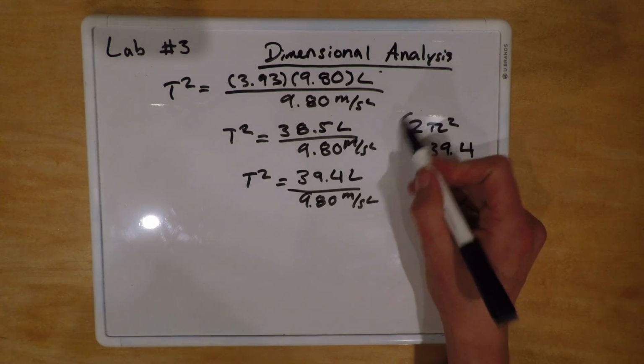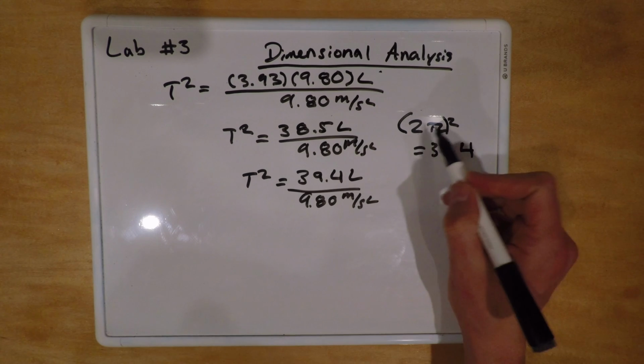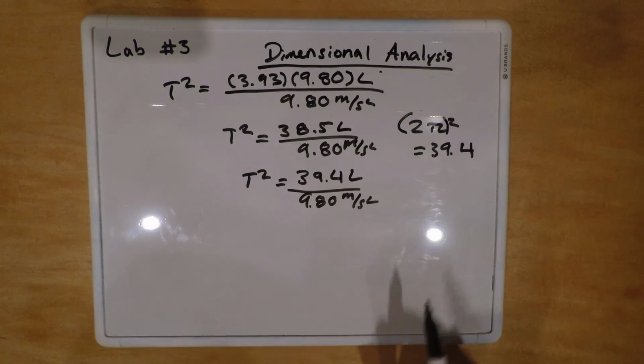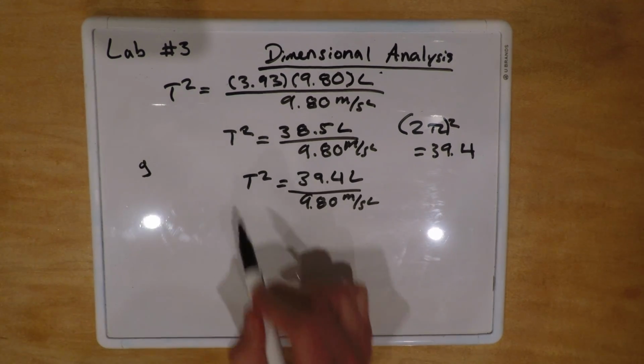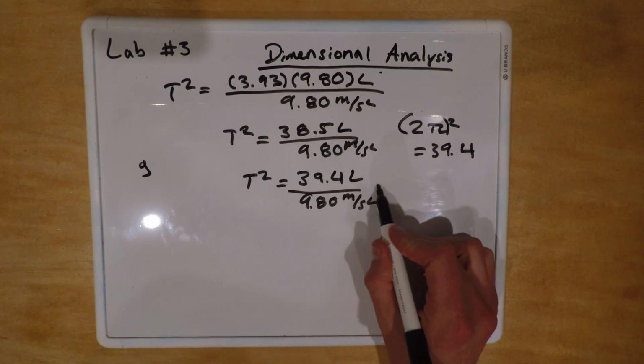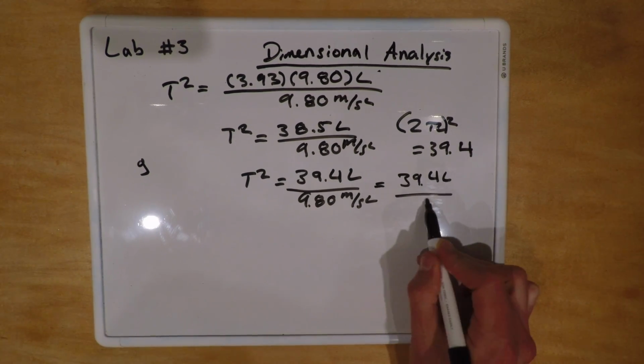And it's important to note that this is actually 2 pi squared and not 2 times pi squared, which would give you 39.4, just in case that caused any confusion there. And also, I'm just going to rewrite this and substitute g, just the little letter g, and call that the acceleration of gravity. So I'm going to say that equals 39.4 L over g.